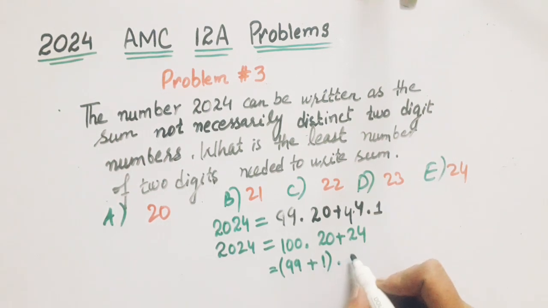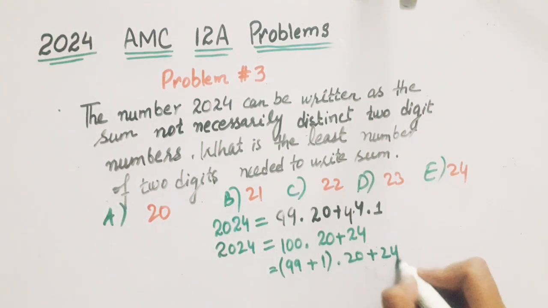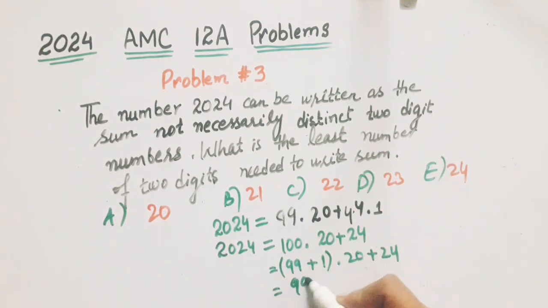So it will multiply by 20 plus, now 100 can be written as 99 plus 1. So in the next step we will write this as, applying the associative property, 99 multiplied with 20 plus 1.